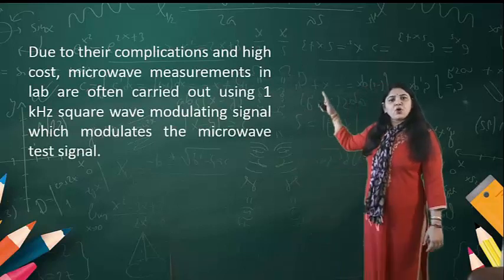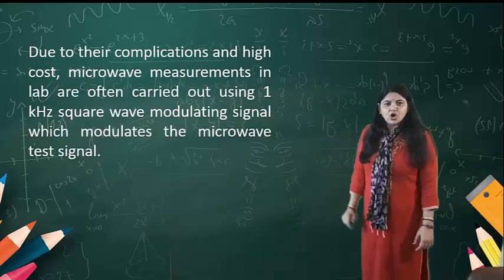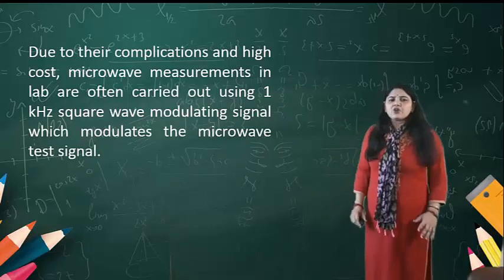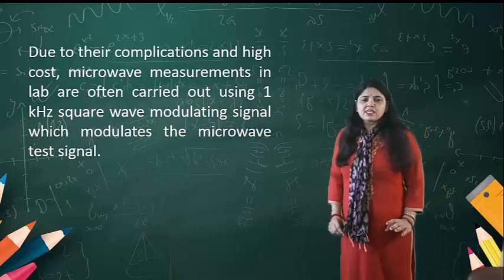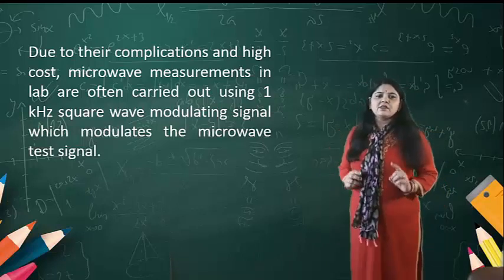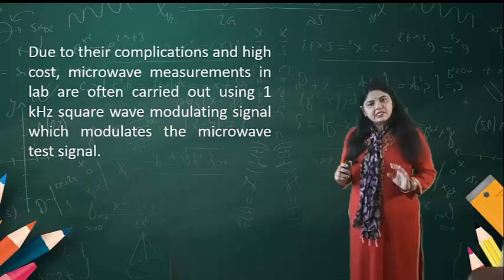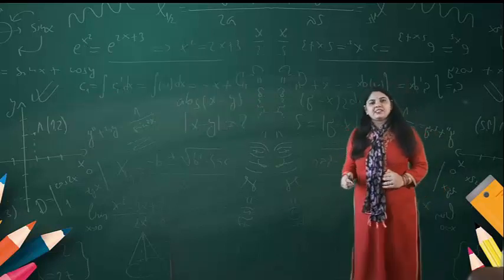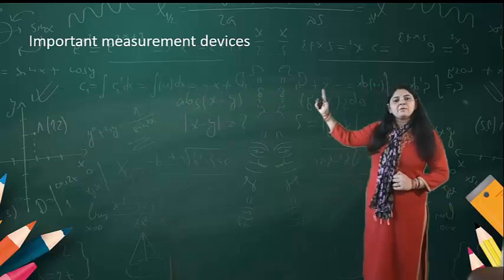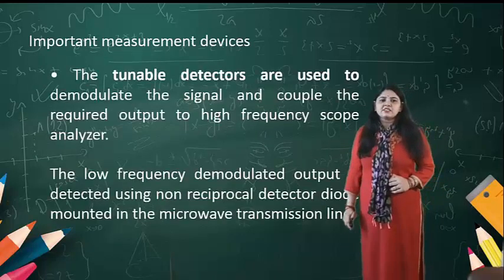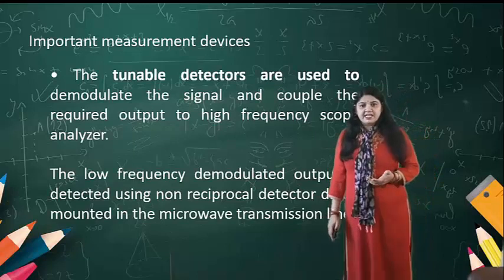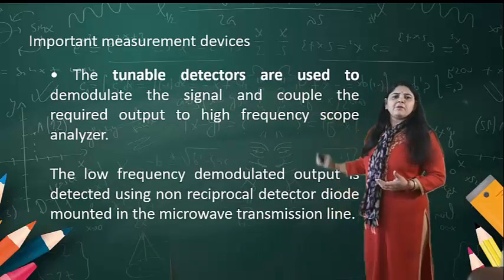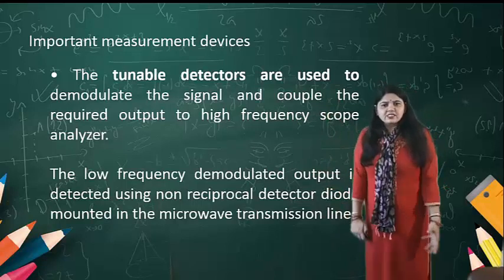Due to the complications and the high cost, microwave measurements in the lab are often carried out using a 1 kHz square wave modulating signal, which modulates the microwave test signals. The important measurement devices are the tunable detector and the VSWR meter. Why is the tunable detector used?